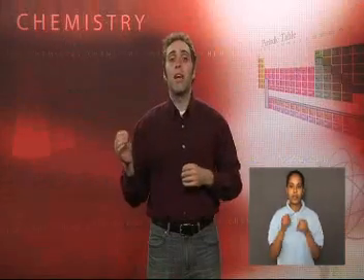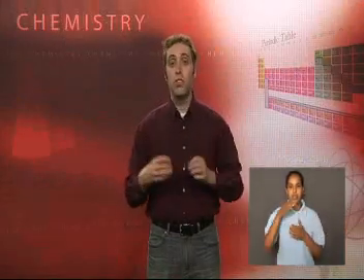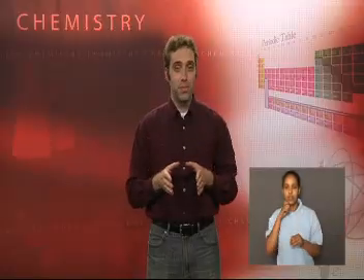Let us move on and discuss solutions of solids in liquids. Solids that are made up of polar molecules or ions are not soluble in non-polar solvents. The interaction between the polar solid and the non-polar liquid is weak compared to the interaction within the solid.